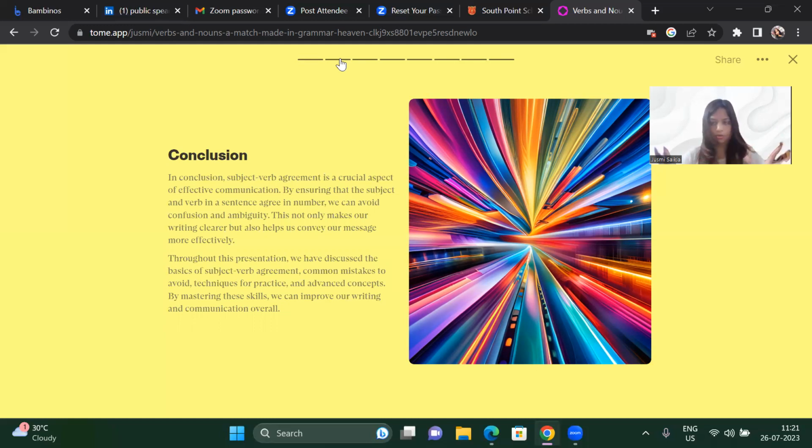Now, all throughout this presentation, we have learned about subject verb agreement. Finally, let me end this by saying that always remember to put your verb according to the subject in the sentence. If the subject is plural, the verb will be plural. If the subject is singular, the verb will be singular.